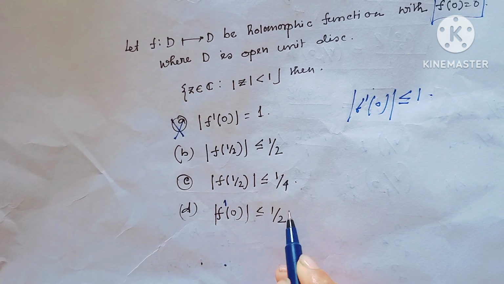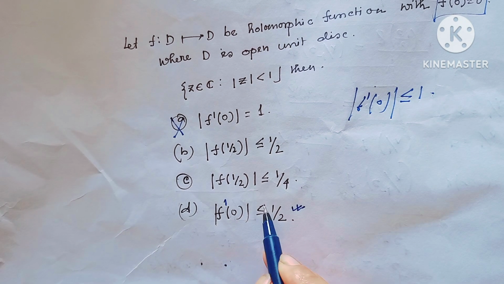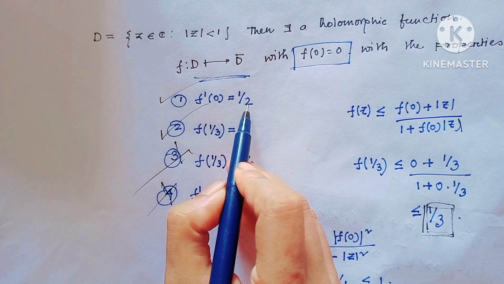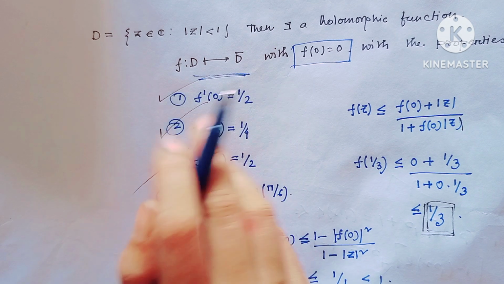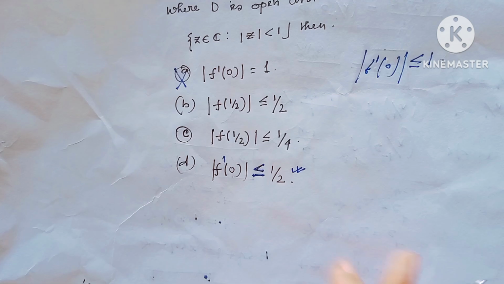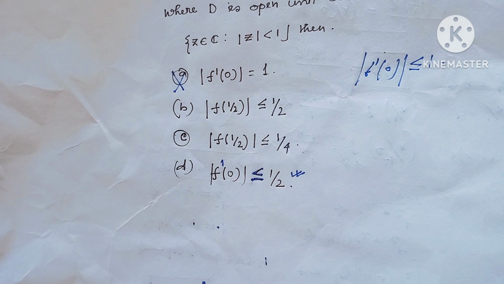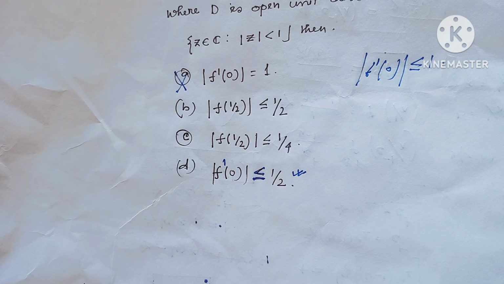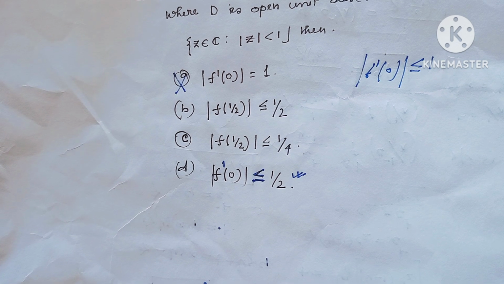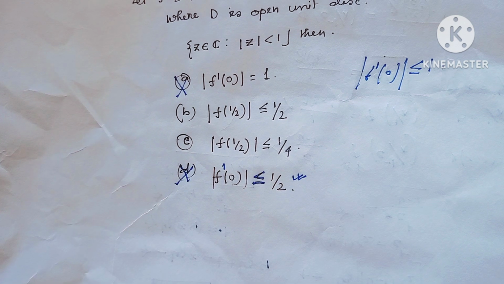That means here the upper bound is 1/2, but by Schwarz Lemma this is ≤ 1. Given f'(0) = 1/2, this may be possible, but here the upper bound is 1/2, while by Schwarz Lemma this is always ≤ 1. So option D is a wrong option.